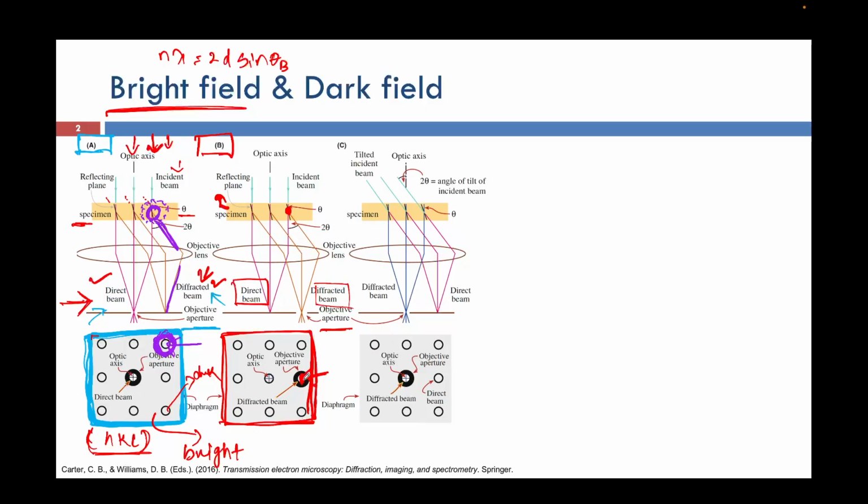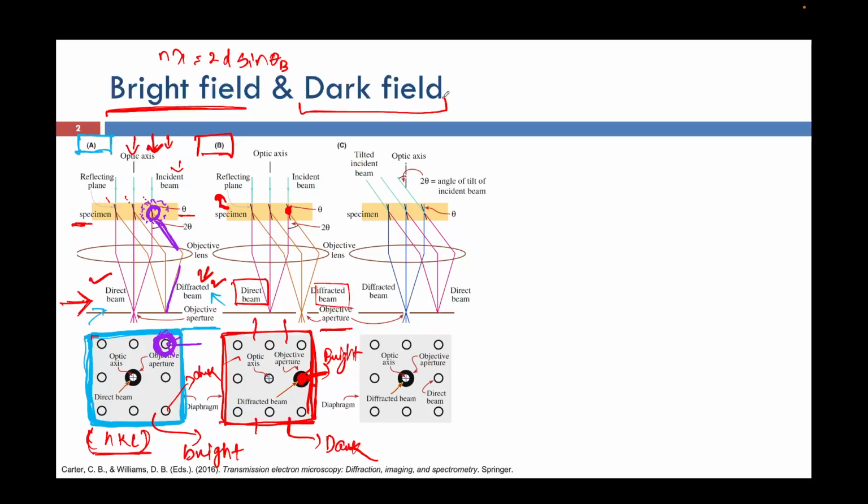Okay, because only from this area of the sample you are collecting beam, and from the rest of the area you are not able to collect the beam. So that is why your background will always be dark and your feature always bright, and this is what is called dark field imaging.